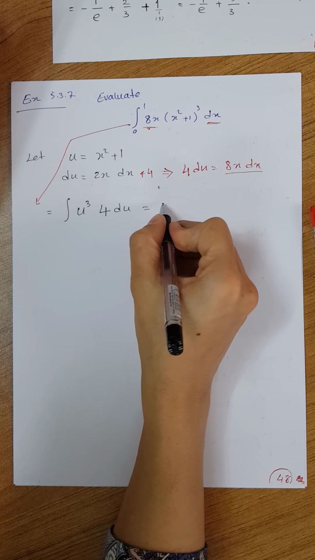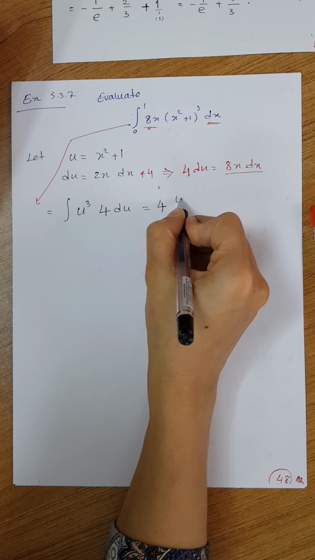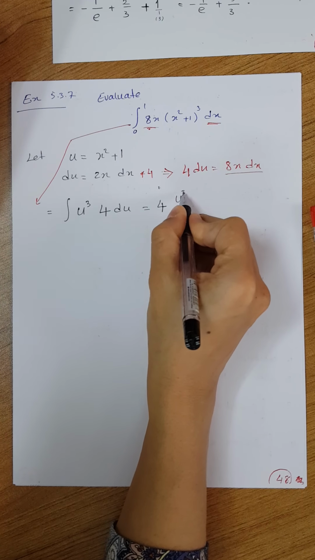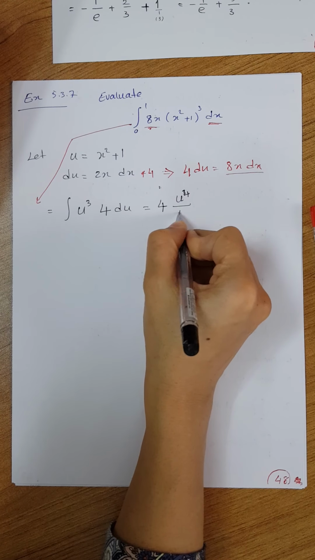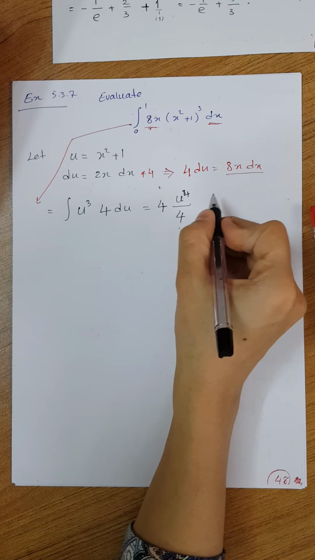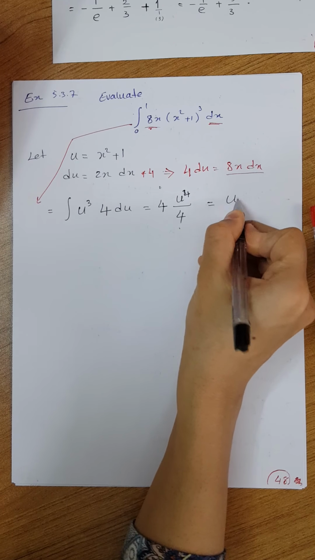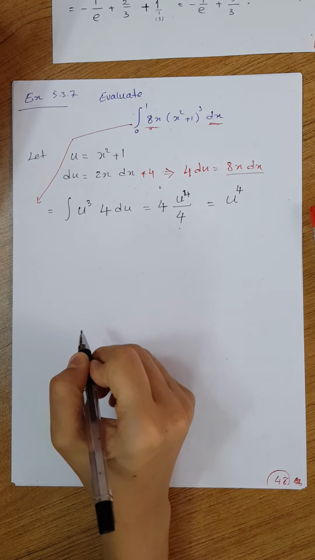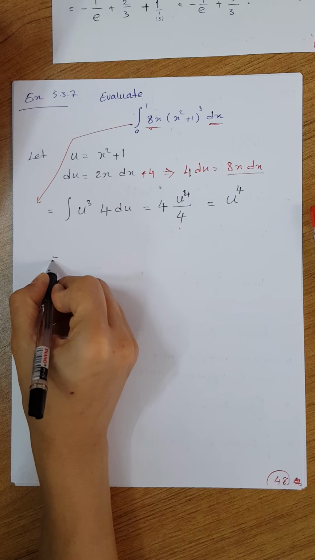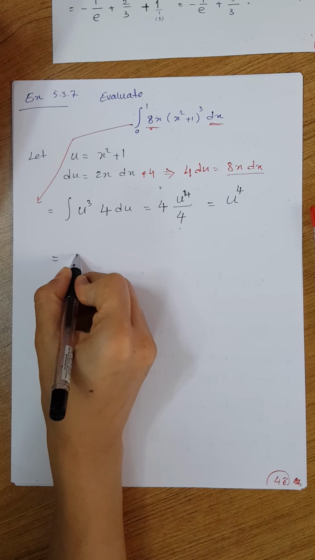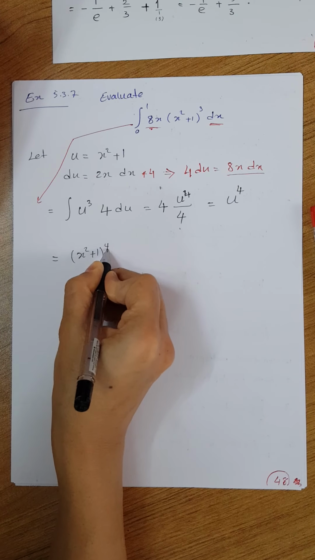That one is equal to 4, I have got a 4 out, and that one is u to the power of 4, because it's increased by 1, over 4. Now this 4 and 4 cancel, so I will have u to the power of 4. Now I'm changing that u back to x. u is equal to what? x squared plus 1, and that's all to the power of 4.